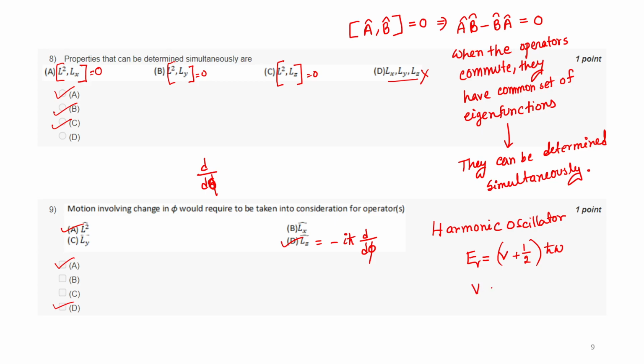And we know the potential energy is half m omega square x square, or half k x square, right? This we know. So if we know the total energy and potential energy, will we be able to calculate the kinetic energy also? Is my question clear?